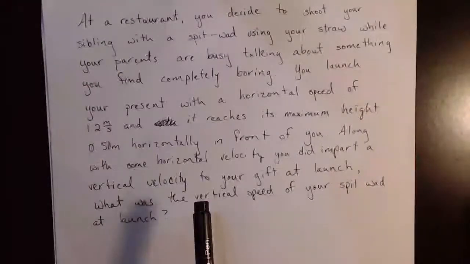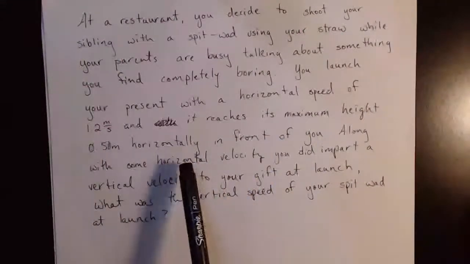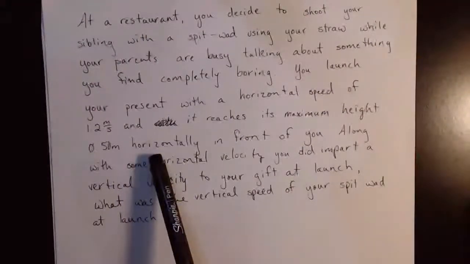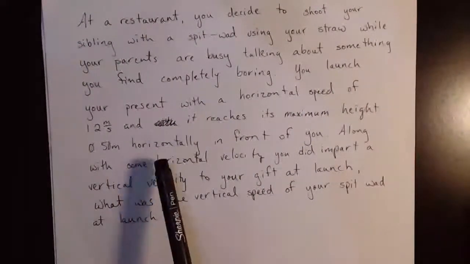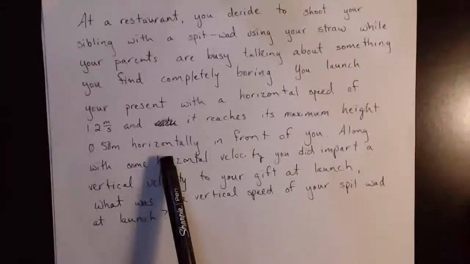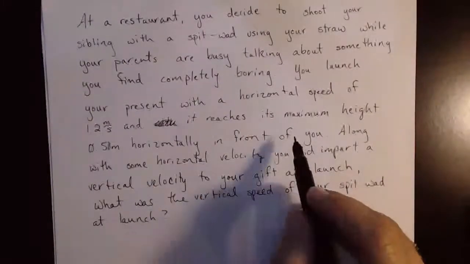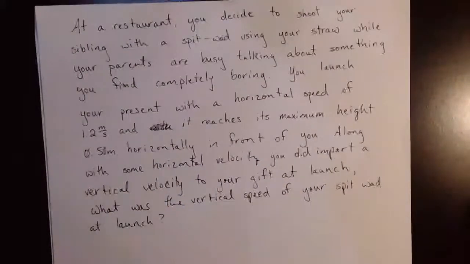The only thing you're really given is that the maximum height of your projectile was achieved 0.50 meters horizontally in front of you. So we're talking about a location of interest, at the maximum height.